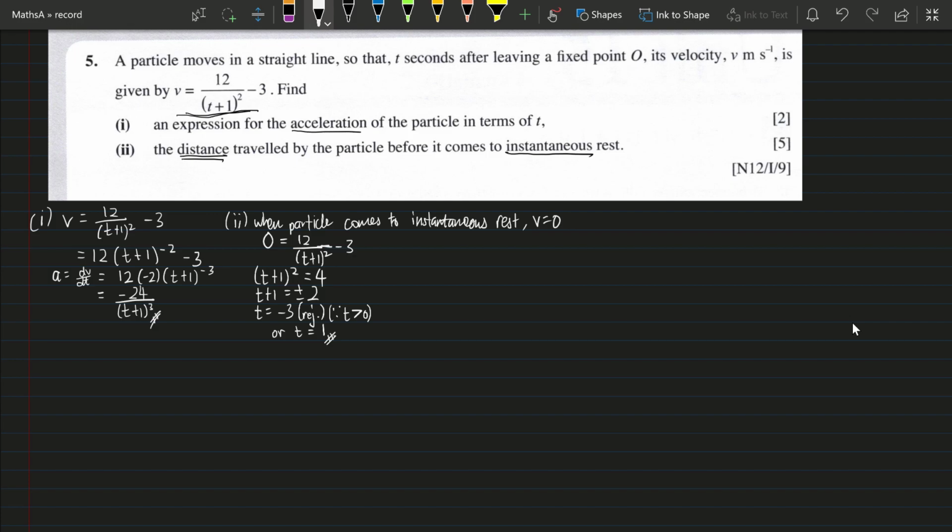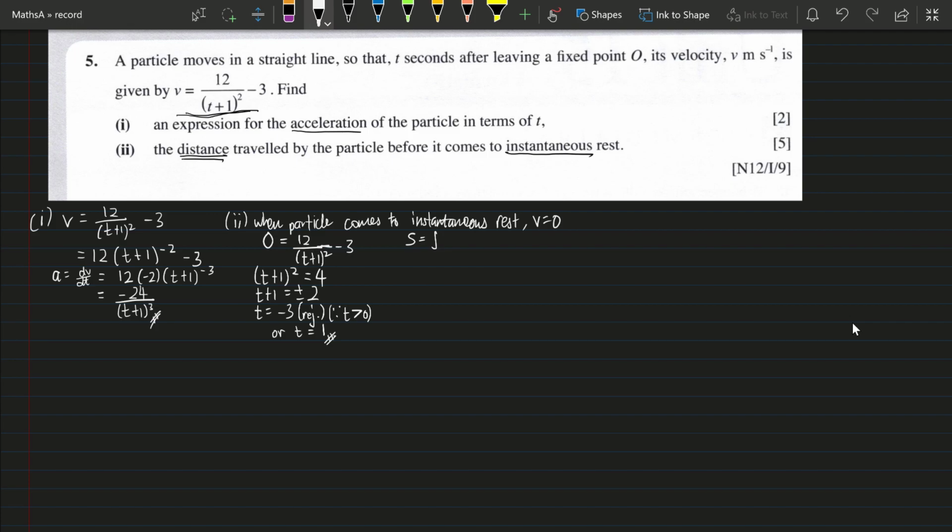Over here, we know the relationship between displacement and distance. So S is the integral of... Sorry, this question is actually much faster if we do the definite integral.